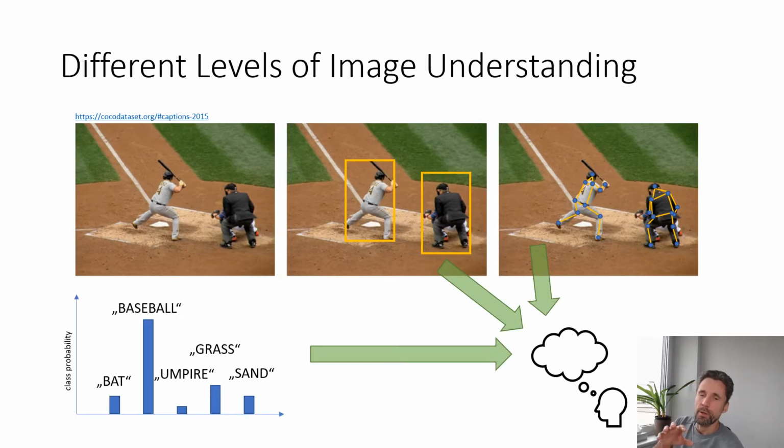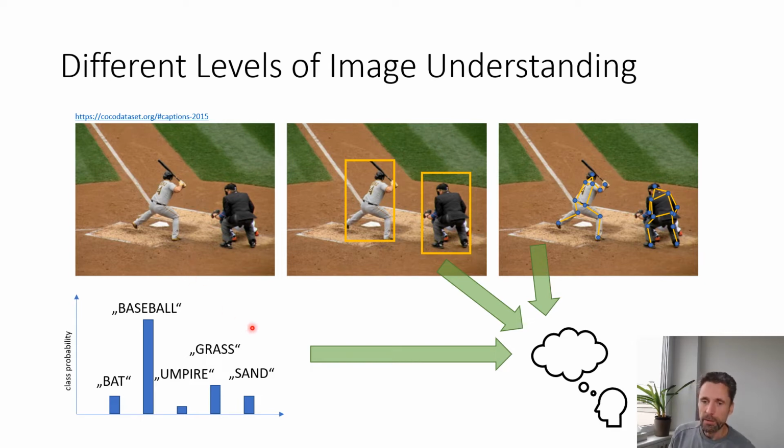Now, these different output representations relate to different levels of image understanding, right? If you have a human observer that only gets either the distribution of those class probabilities, or only sees the location and spatial dimensions of the bounding boxes, or even just sees those skeletons here, would we be able to imagine a scene like the one depicted in this image?